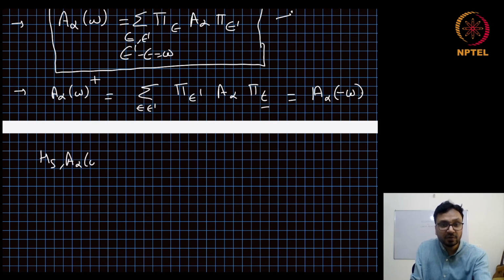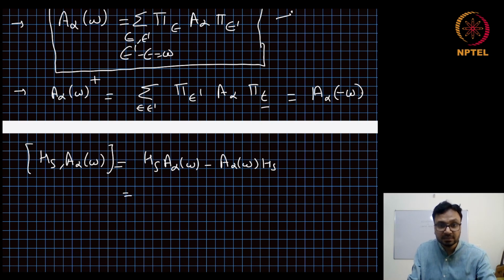HS commutator with A alpha of omega will be HS A alpha of omega minus A alpha of omega HS. Here this will be HS times the sum over epsilon prime of Pi epsilon A alpha Pi epsilon prime, minus the sum over epsilon prime of Pi epsilon A alpha Pi epsilon prime times HS.